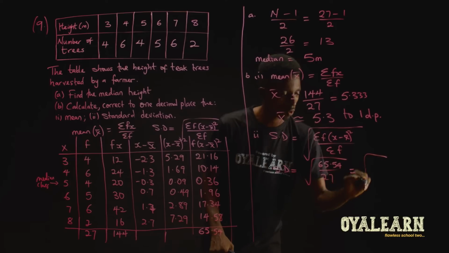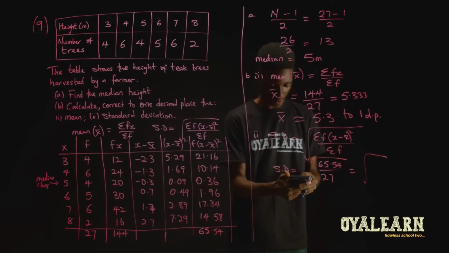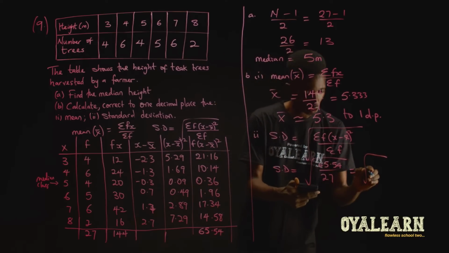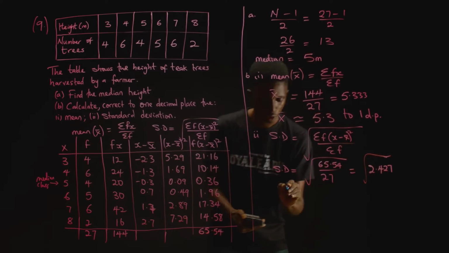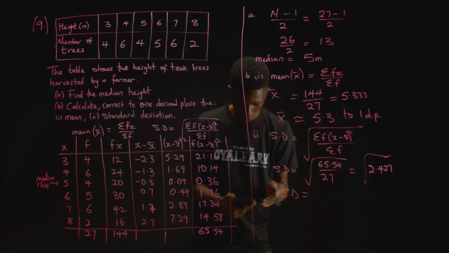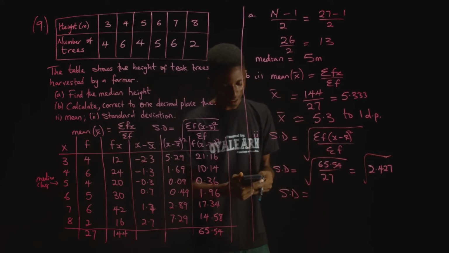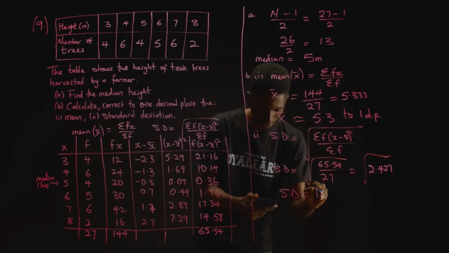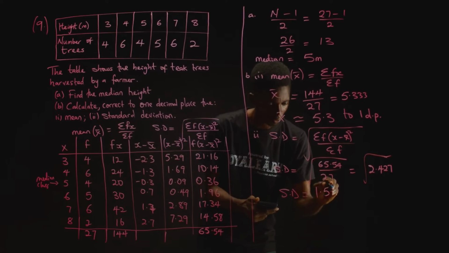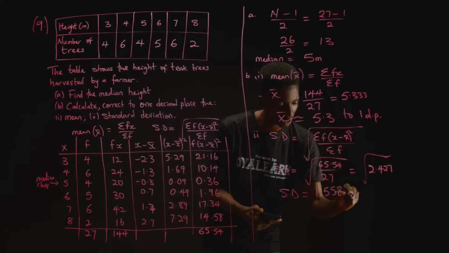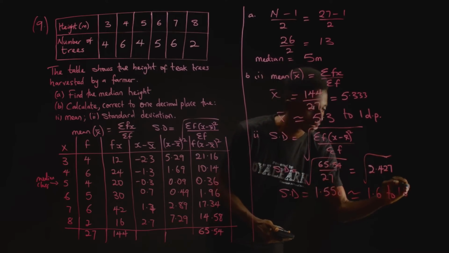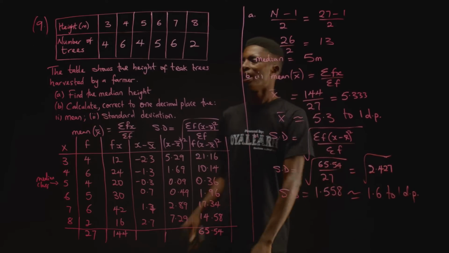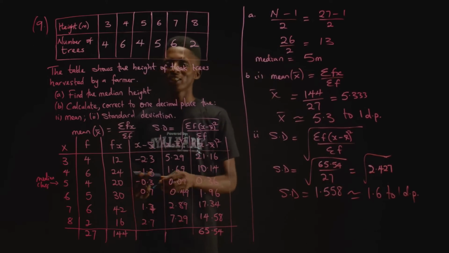And this will give us the square root of, so here we have 2.427. So the standard deviation equals the square root of our answer there, and what we have is 1.558, which is 1.6 to 1 decimal place. And that's the solution to question 9.